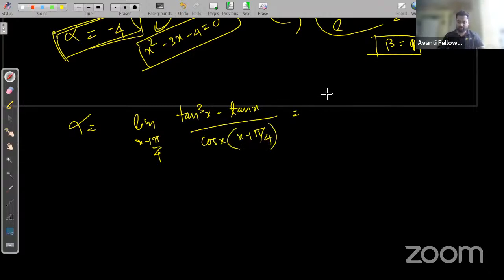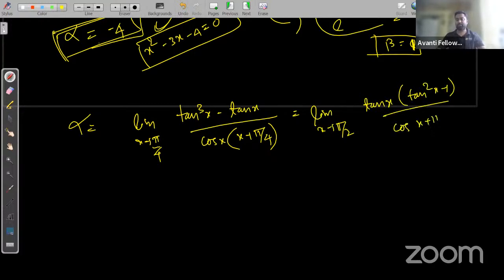Okay, so if you take the numerator common, tan x as common, so what will happen: tan x into tan square x minus 1 divided by cos of x plus pi/4. So this will be limit extending to pi/4. We know when we put pi/4 in place of x, tan gives you 1.